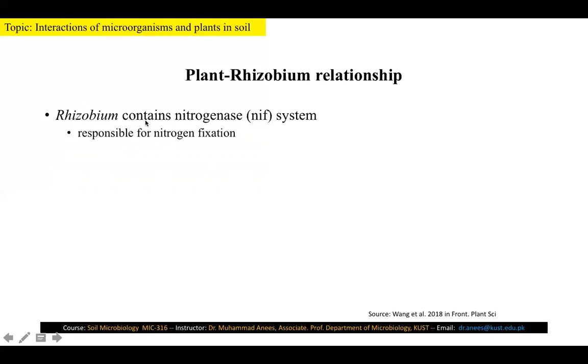I mean, first their expression leads to establishment of the relationship, and then fixation of the nitrogen. The enzyme that is involved in this nitrogen fixation is known as nitrogenase. So this is the enzyme which is responsible for nitrogen fixation.